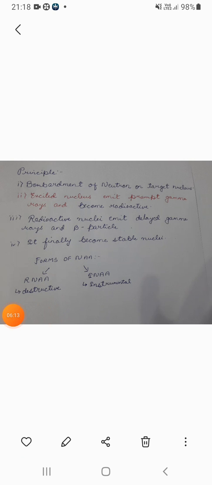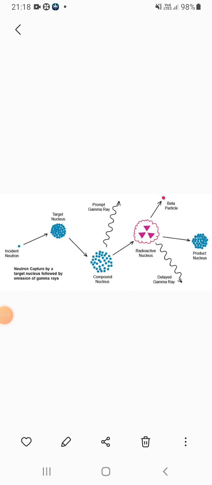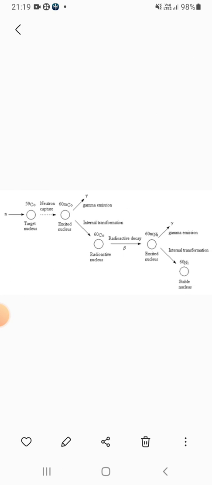And in neutron activation analysis, the incident neutron is bombarded on the target nucleus, and then the compound nucleus emits prompt gamma rays and becomes a radioactive nucleus, and after becoming a radioactive nucleus it emits decay gamma rays and beta particles, and finally it becomes a stable nucleus.